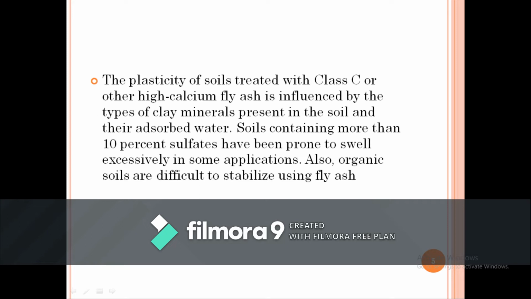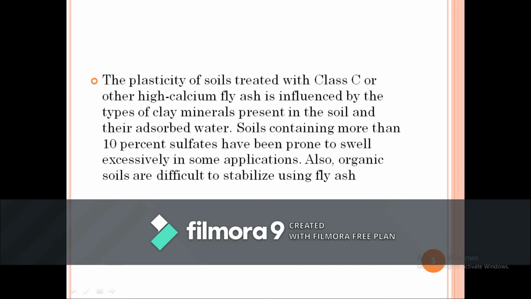Soils containing more than 10% sulfates have been prone to swell excessively in some applications. So, here sulfate soils will have some swelling properties. If the soil contains more than 10% sulfates, the soil swells.